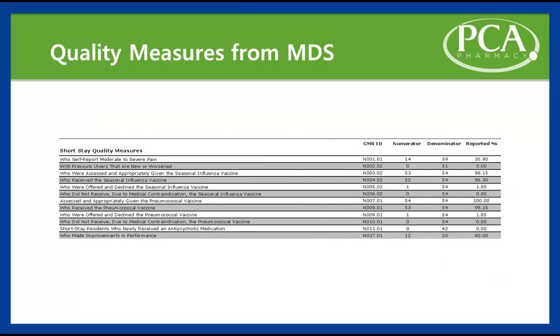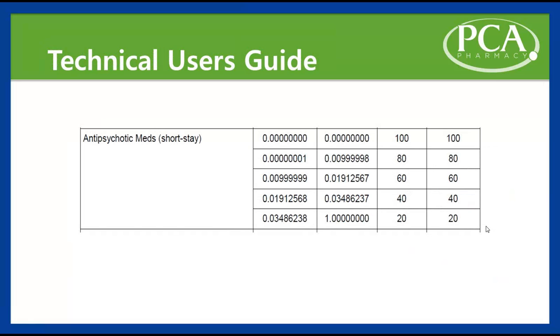Here's an example of a QI report. You can see on the second to the bottom line, their antipsychotic use was 0, and their denominator was 42, so their reported percentage is 0. So this would be one of the facilities that would get 100 points on the antipsychotic quality measure.